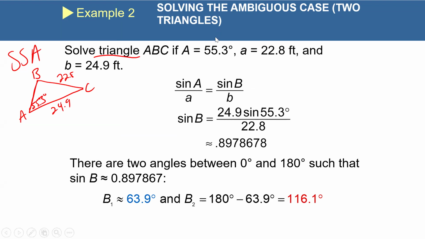We round to 63.9 because our original angle is also rounded to the nearest tenth. Because we know it's 63.9, then our second option for B is 116.1. If I have two options for B, that means I have how many options for C also? 2. So we have our 2 B options. Now we've got to find our 2 C options. Make sense?